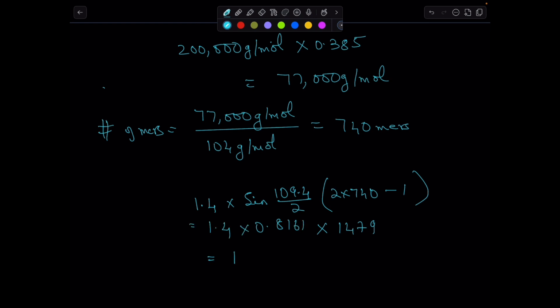This gives us 1690 Angstrom. So the realistic estimate of the length of the brush is 1690 Angstroms.